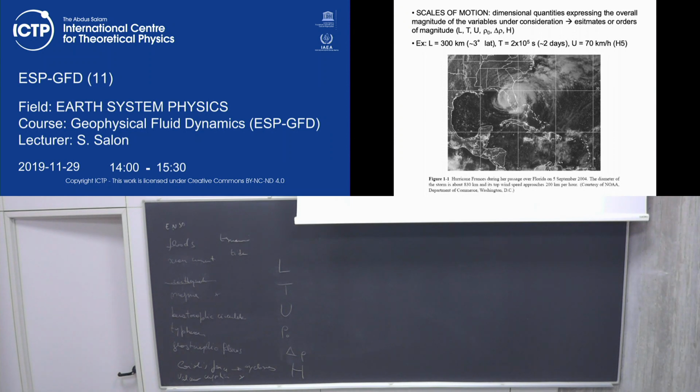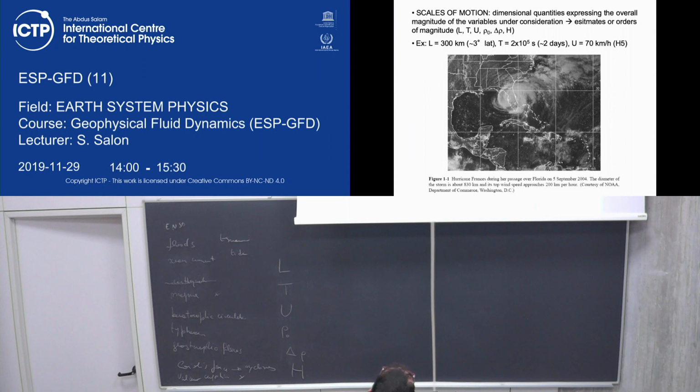Okay? So if we take, for example, this picture from satellite, this was a hurricane during passage over Florida, 2004. This part here, which is related to the diameter, we are going to take about, let's say, between 300 and 500 kilometers. So, for example, L is 300 kilometers, about 3 degrees in latitude.